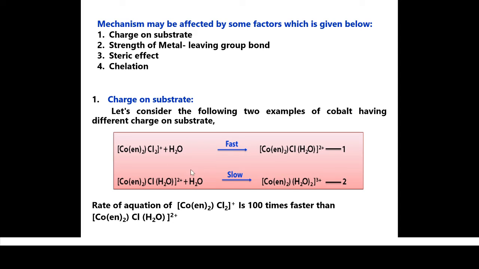Let's consider these two examples where cobalt carries different charge on its substrate. Here is a cobalt, here is also cobalt. It carries +1 charge. Here this substrate carries +2 charge. But the rate of aquation of the first substrate is 100 times faster than the second one.